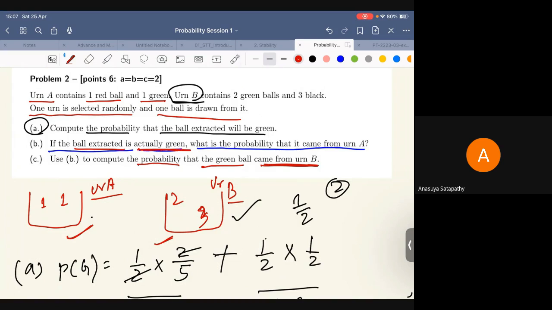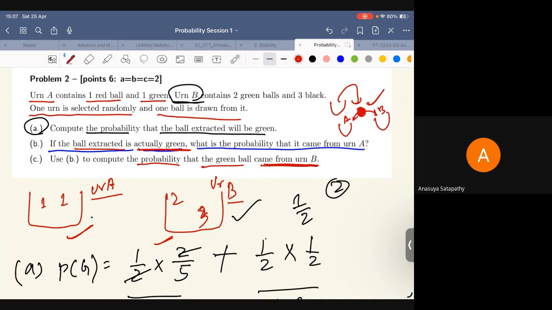It is saying the ball which I have already taken out from the bag is already green. The condition is already given to you. You don't have to apply whether I will get a green or not. It is fully said that you have to get a green, but you have two bags, bag A and bag B. My ball should be green, but should it be from bag A or from bag B?